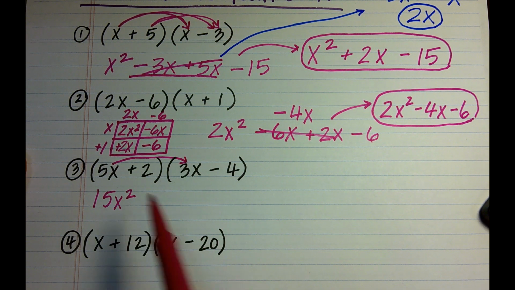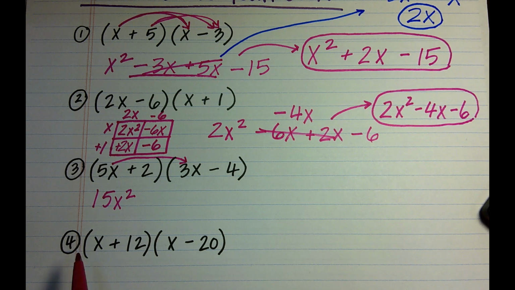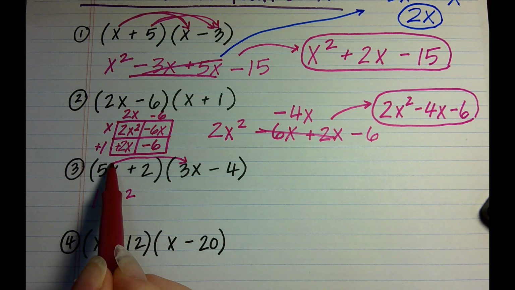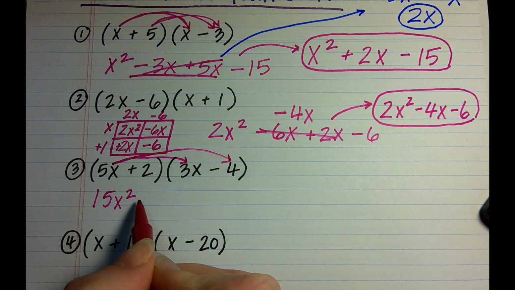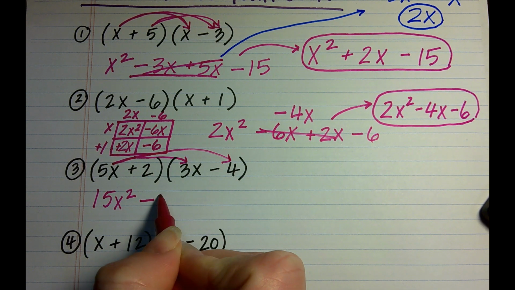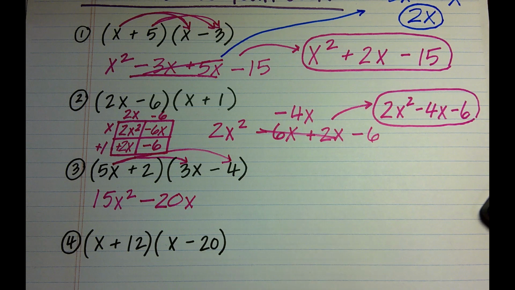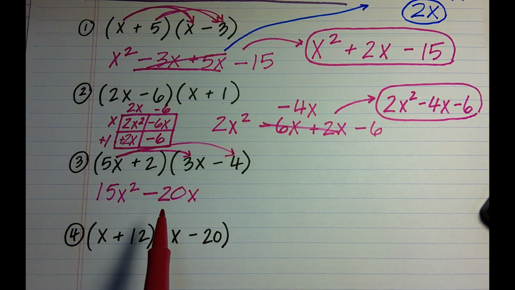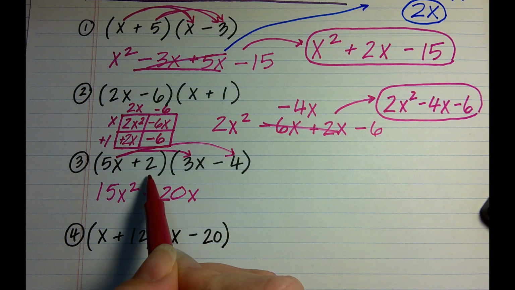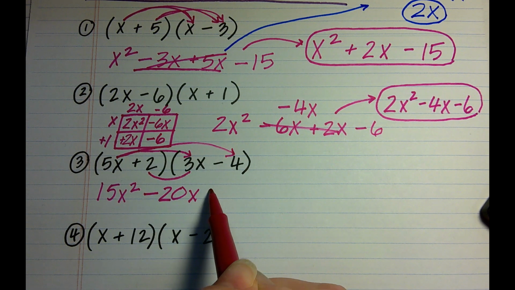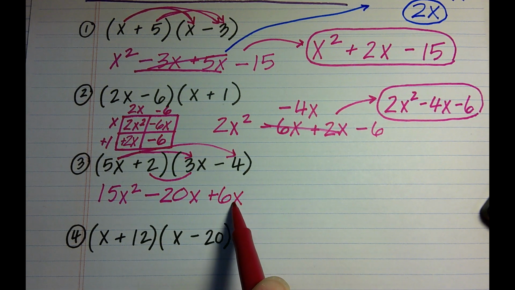What do we do next? 5x times -4, which gives us -20x. Good. What do we do next? 2 times 3x. 6x. Yes. 2 times 3x gives us plus 6x.